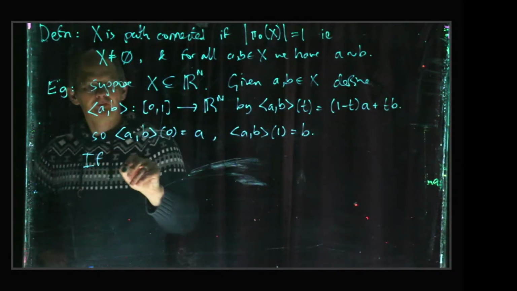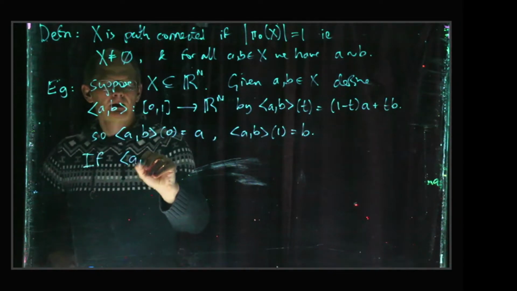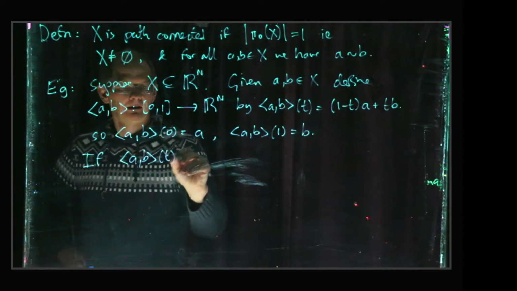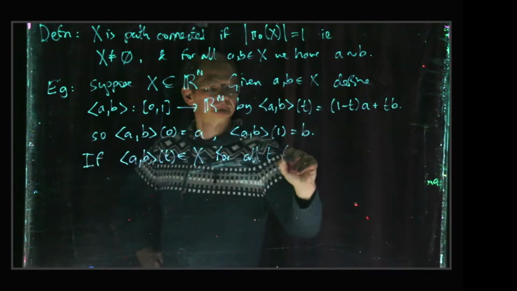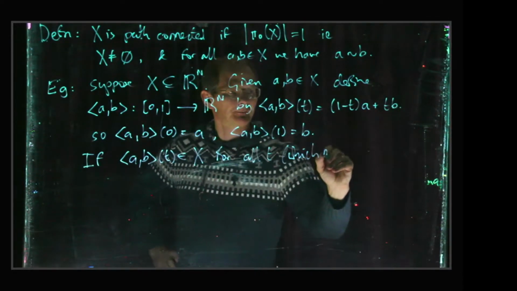So whether pointy bracket AB of t lies in X for all t must be checked.